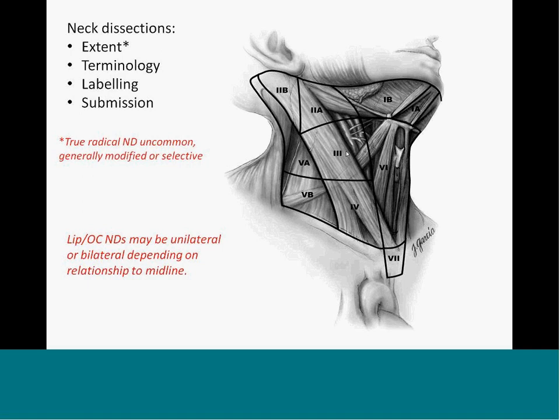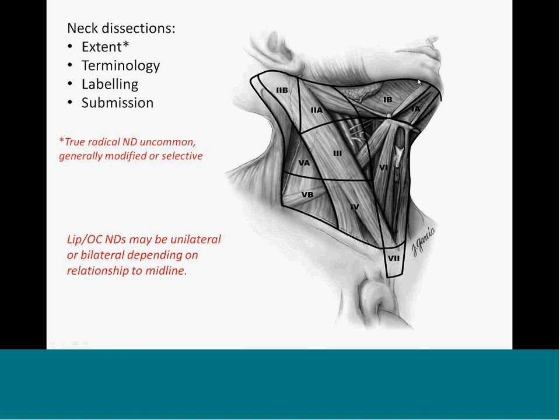We typically would receive either a modified radical neck dissection, which spares one or more of those elements, or more commonly, a selective neck dissection. So, for instance, in laryngeal carcinomas, we'll typically get a level 2 through 4, or what's called a lateral neck dissection.